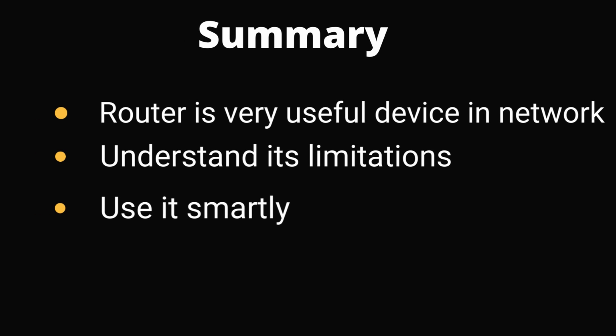So we already checked that a router is a very useful device in our network. If we have multiple networks and you want them to communicate with each other, a router is a very useful device. But make sure you are installing it at the right place. Understand its limitations. You need to understand the default settings, how many ports you are going to configure, and how many ports you are looking for.